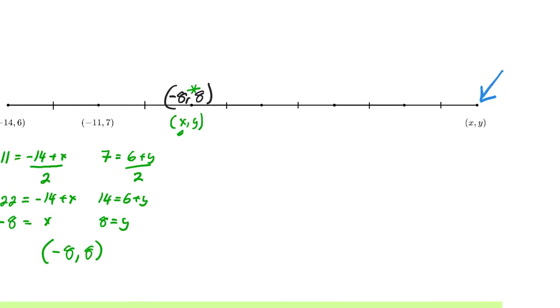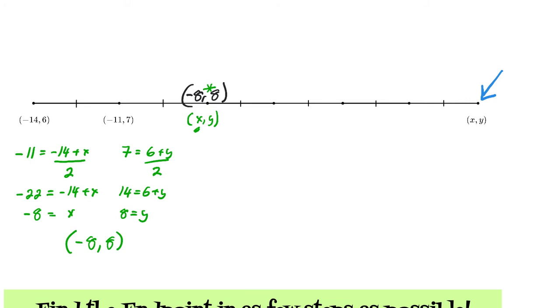I'm now going to skip the next coordinate, so I'm going to use the original all the way to the left, the one I just found, skip one, and get to here. Because the coordinate I just found is now the midpoint between my two end blue stars.